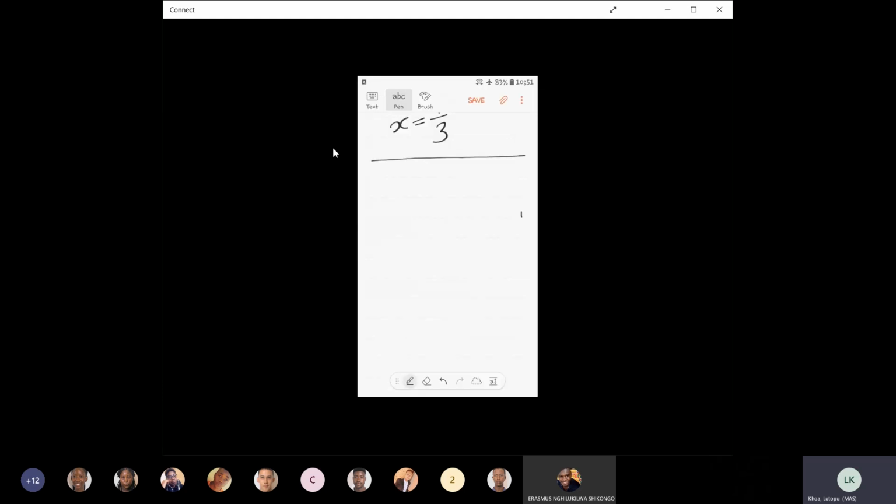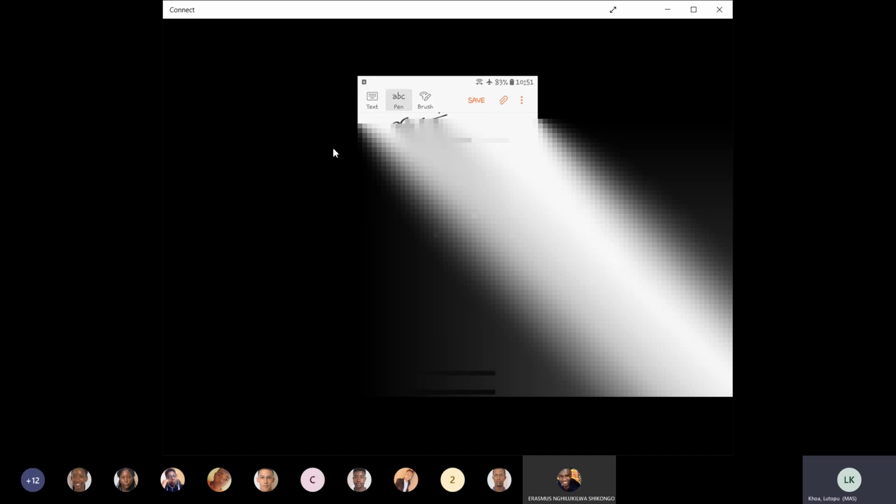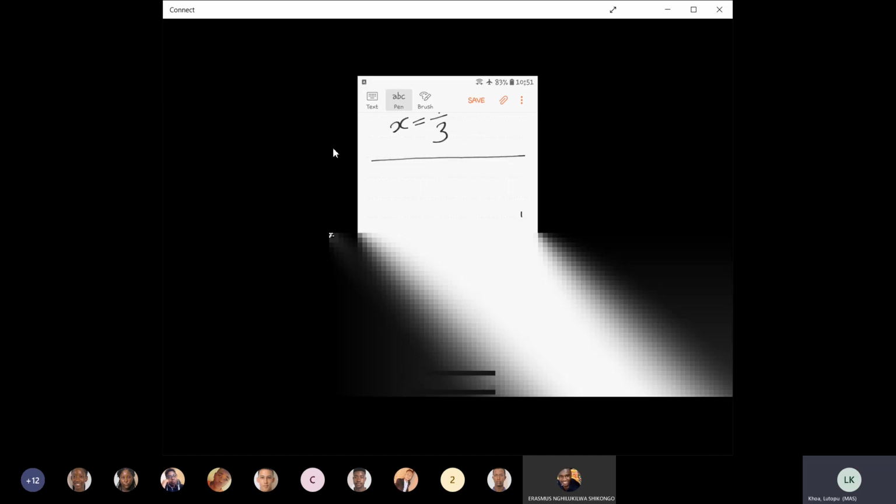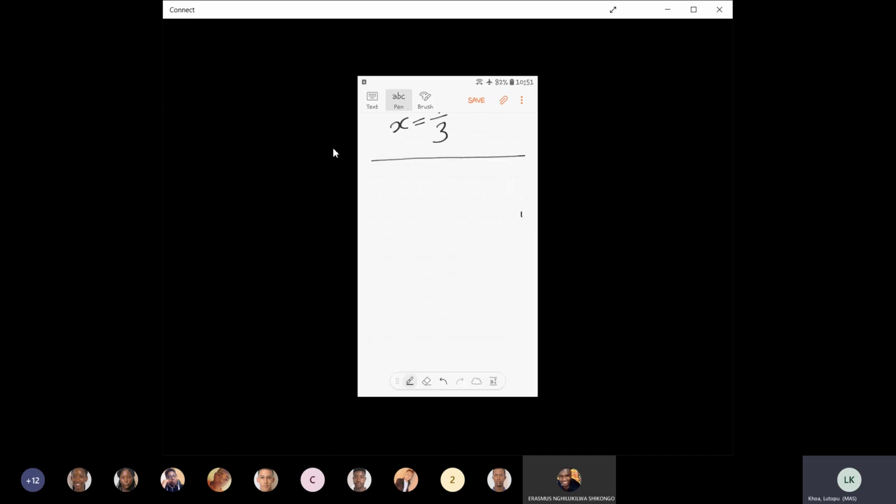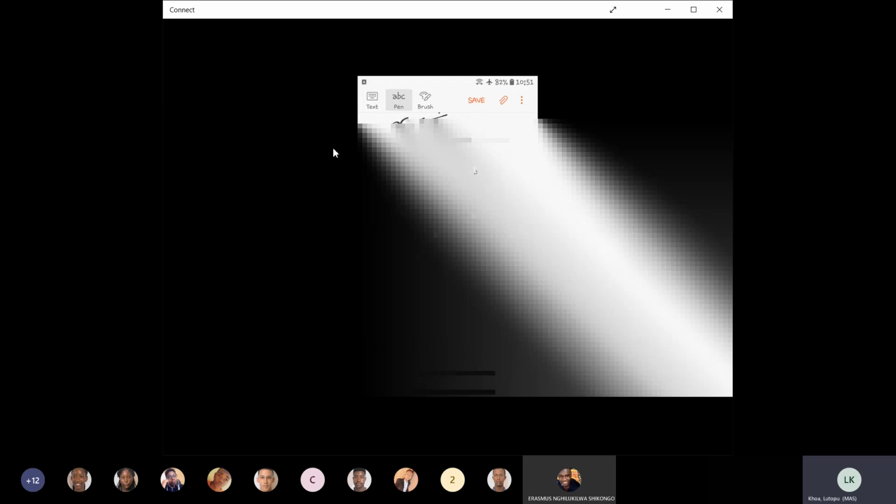Okay, now exponential functions, these are the easiest functions that you can draw because they all have the same shape. Now our exponential graphs, they look like this.